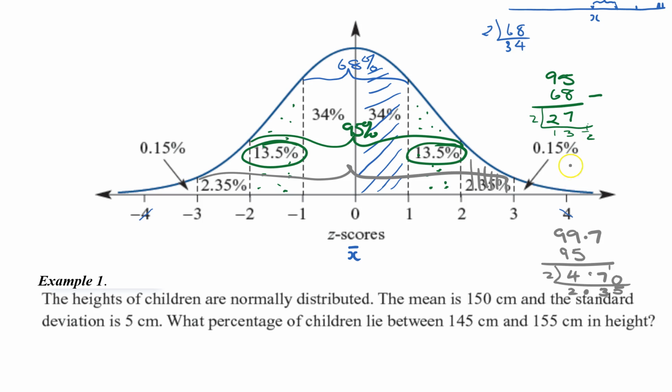Then outside that, above 3 standard deviations, is this 0.15%. Very, very small percentage of the population. Where did that come from? Well, we say that the total graph represents 100%. Our 3 standard deviations was this 99.7%. So if we do the subtraction, we have to borrow 1 and we get 0.3%.